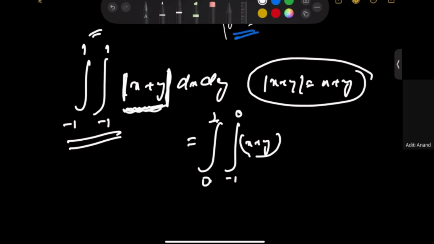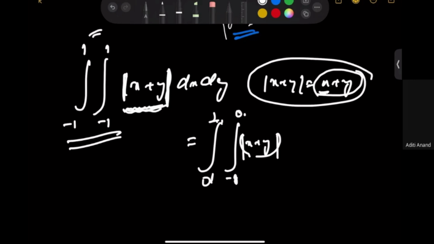Yes. Wait. -1 to 0. If we take the limits of x as -1 to 0, then x is negative. For y, the limits will be positive. So x plus y could be positive or negative. We can't precisely say that x plus y is this or that.